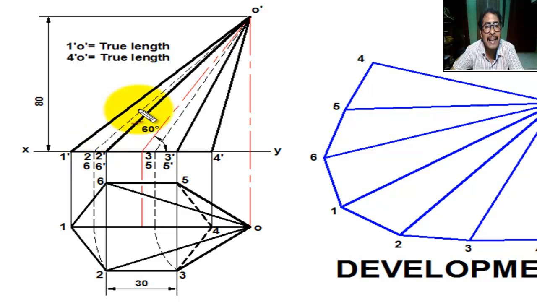Now join 2 and O dash, 6 and O dash, both are the same.